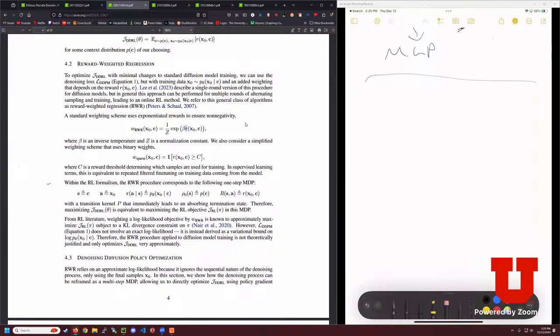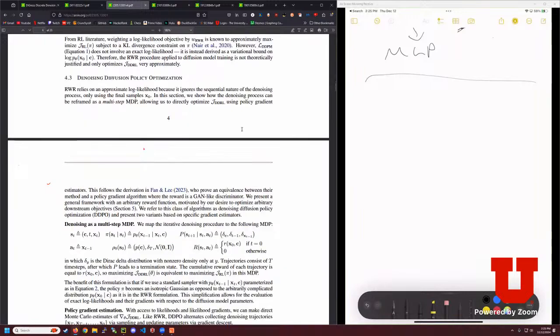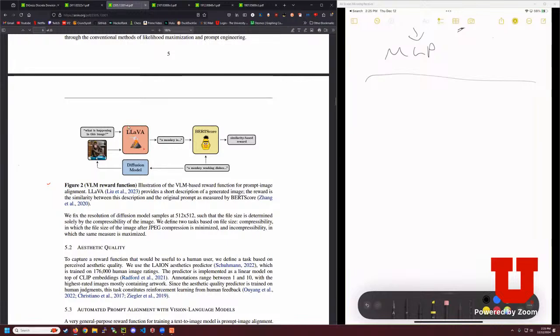One question, how did they train the discriminator? The discriminator is a pre-trained version. I believe it's just LLaVA. They use LLaVA and then they use BERT to generate a similarity.